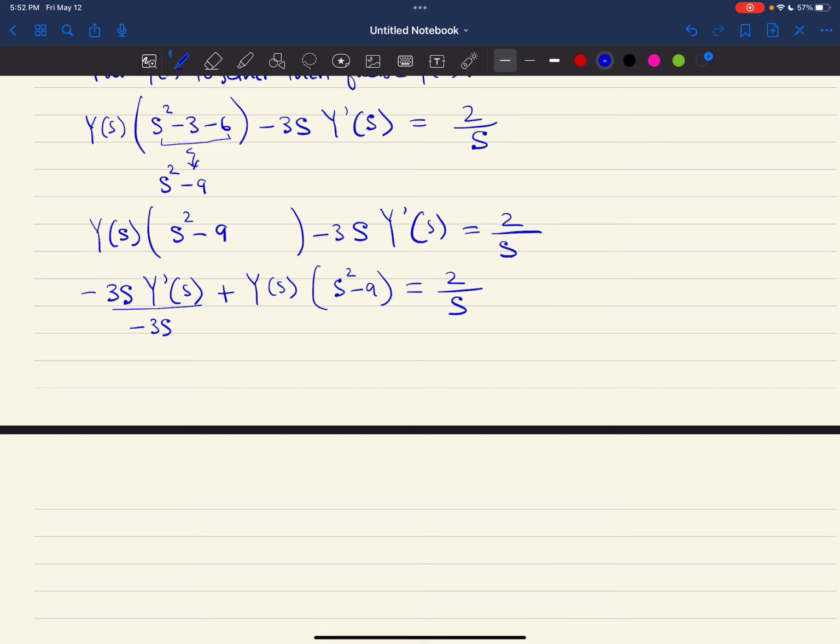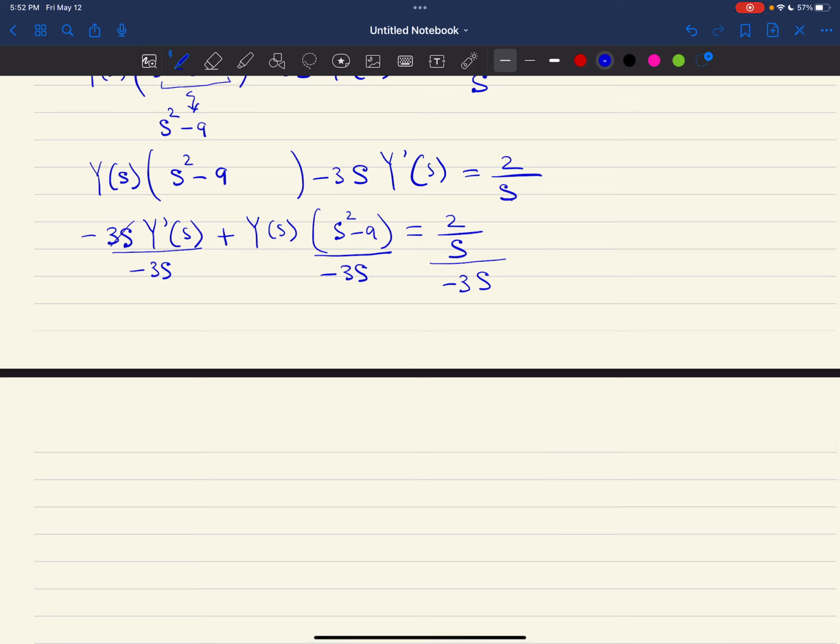If you divide just this portion by negative 3s, you would have to also divide this by negative 3s. So that just gives you 1 here. So you have big Y prime of s plus big Y of s.